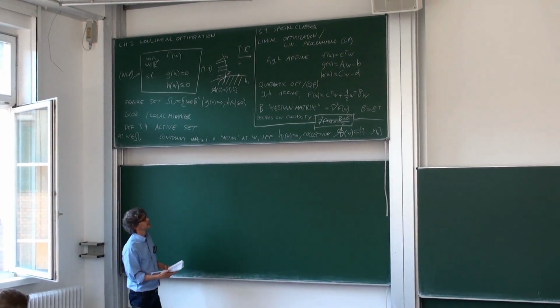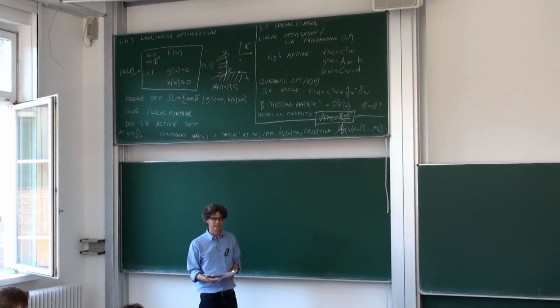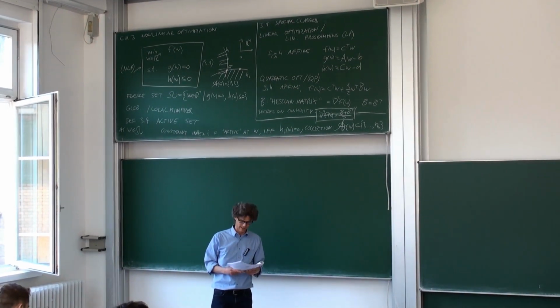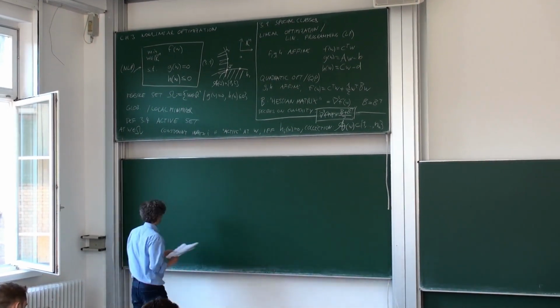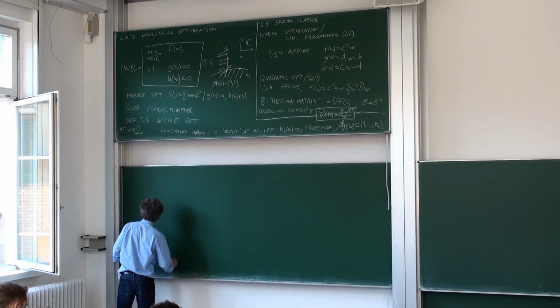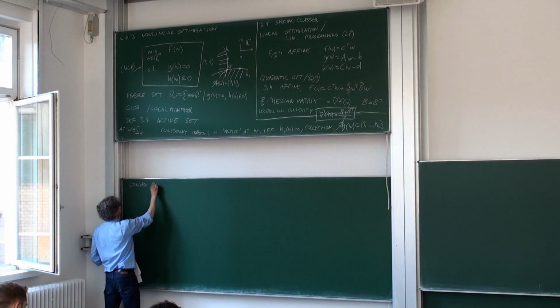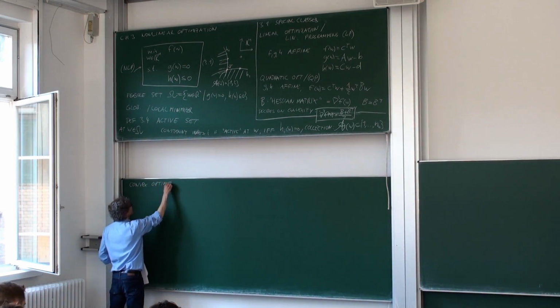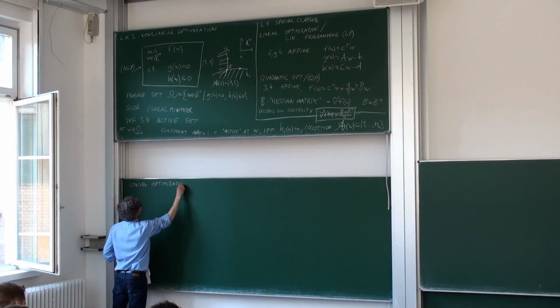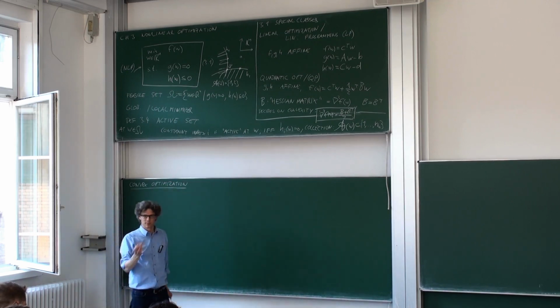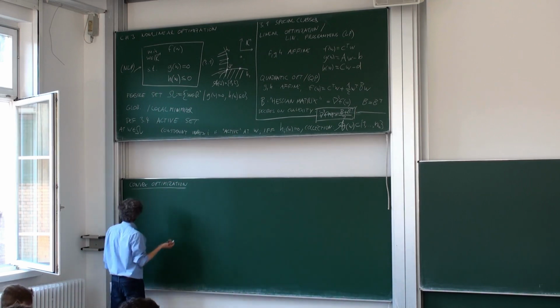I said that this matrix decides on convexity, but I didn't say what convexity is, so let me define briefly what convex optimization is. It's one of the main dividing lines in the field. So what are convex optimization problems? Convex optimization problems are problems where f is a convex function on the set omega, which is also a convex set.